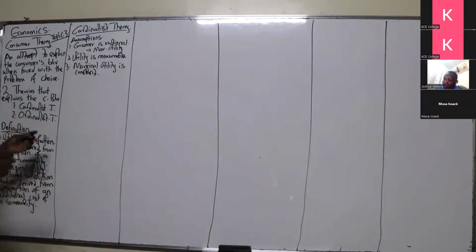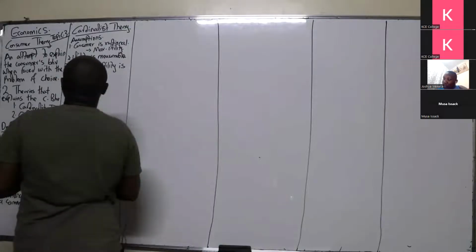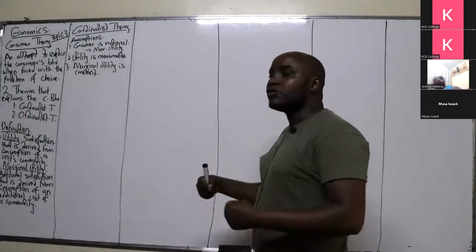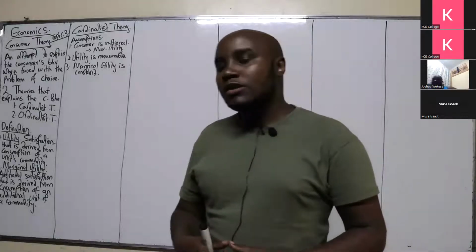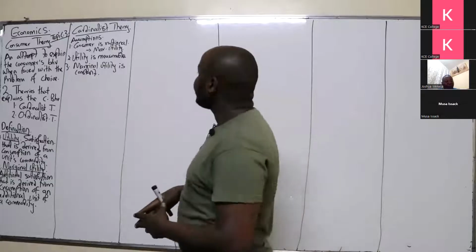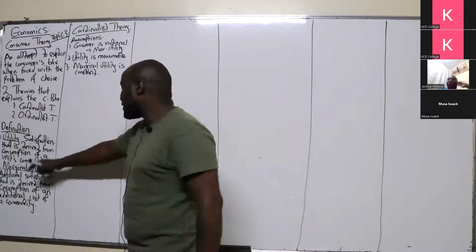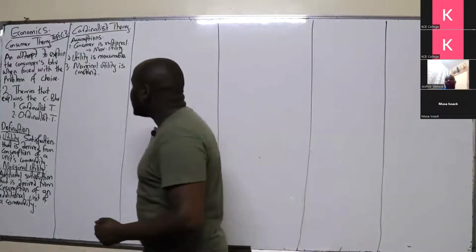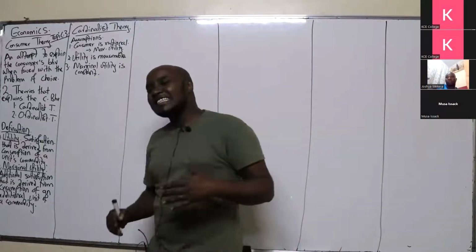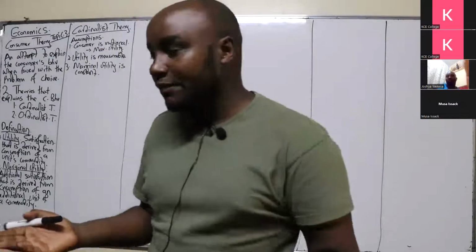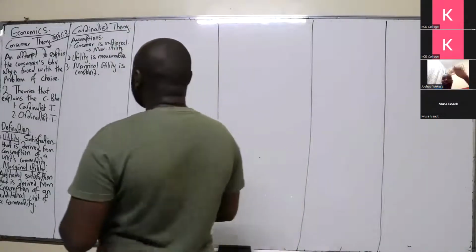Right together? These are the assumptions in the Cardinalist theory. Number one, the consumer is rational. The consumer is trying to maximize his or her own utility, or that satisfaction derived from the consumption of a particular commodity. Utility is measurable. It means that satisfaction, you can be able to measure it. And lastly, marginal utility is constant.